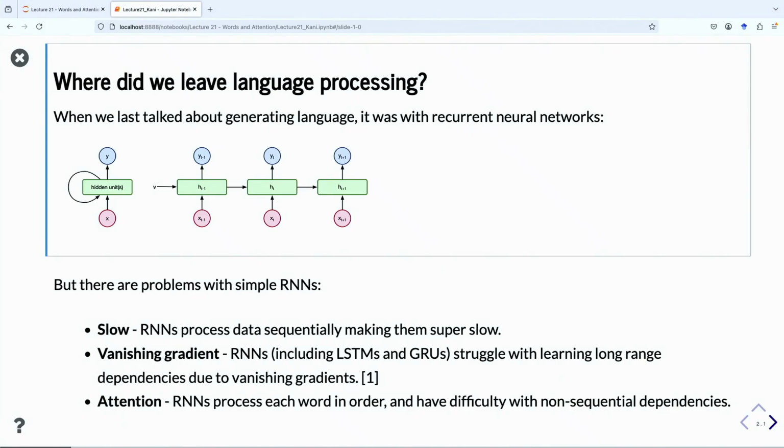Then there is the issue of the vanishing gradient. Actually, I'm going to write a little bit on the board.